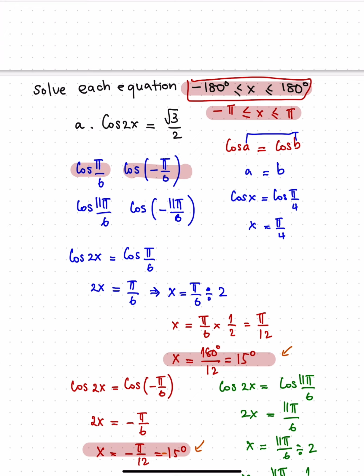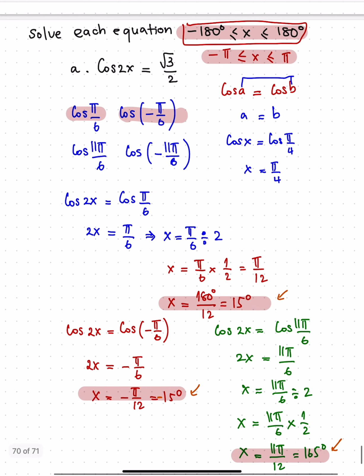You have to make cosine of anything equal to cosine 2x, so 2x equals that anything, and that anything must be in the domain of 2x. That is why I multiply by 2 for all sides. That's all. Okay? So yeah, bye.